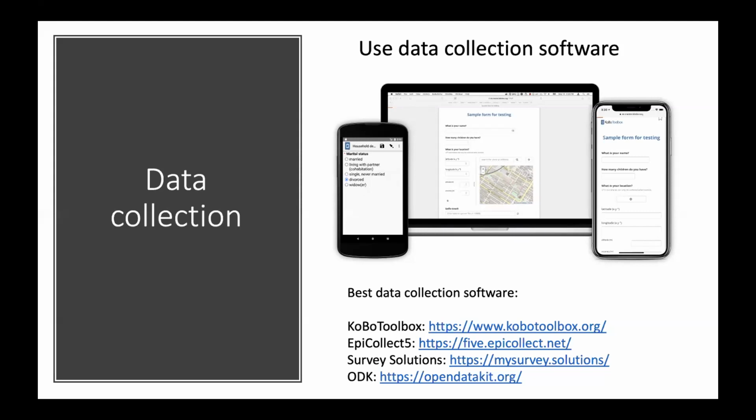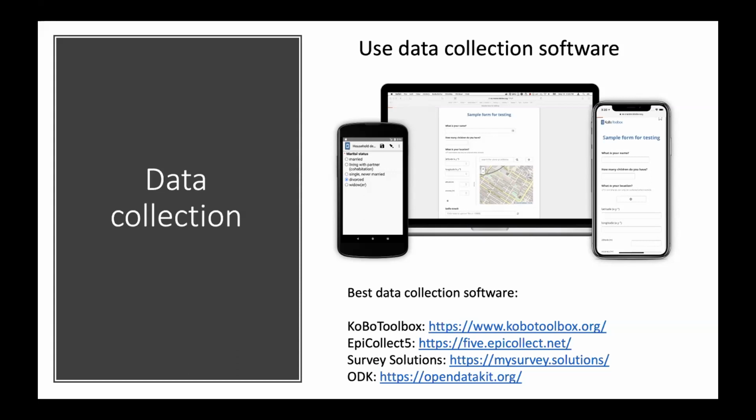This is the World Bank survey software, and it's by far the most powerful. If you're doing a large survey, you want to use Survey Solutions because it includes modules to help you manage all of the enumerators, the people out there doing the data collection. It's a very powerful suite of tools for large scale data collection.